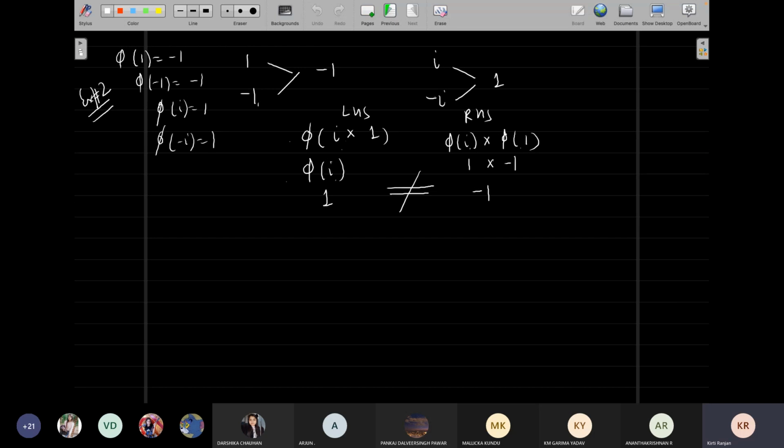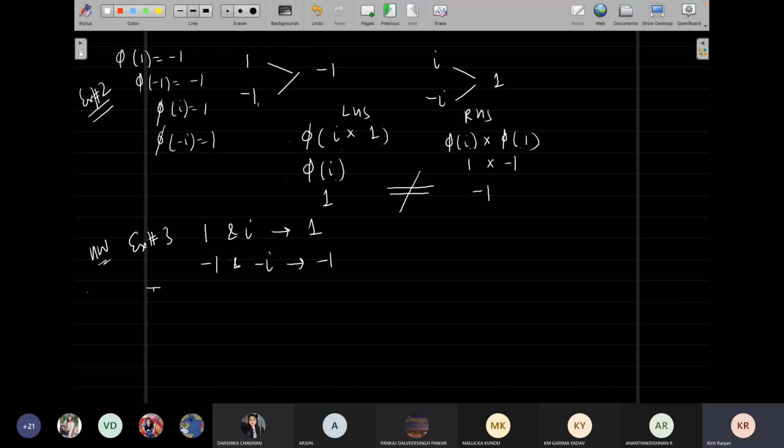It will be only for certain mappings. You can take example 3 as homework: 1 and i map to, let's say, 1, and minus 1 and minus i map to minus 1. Do this question and see what result you get.